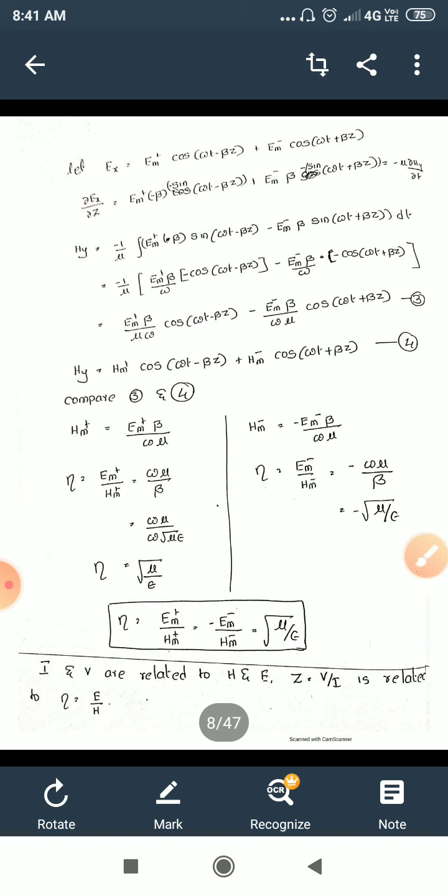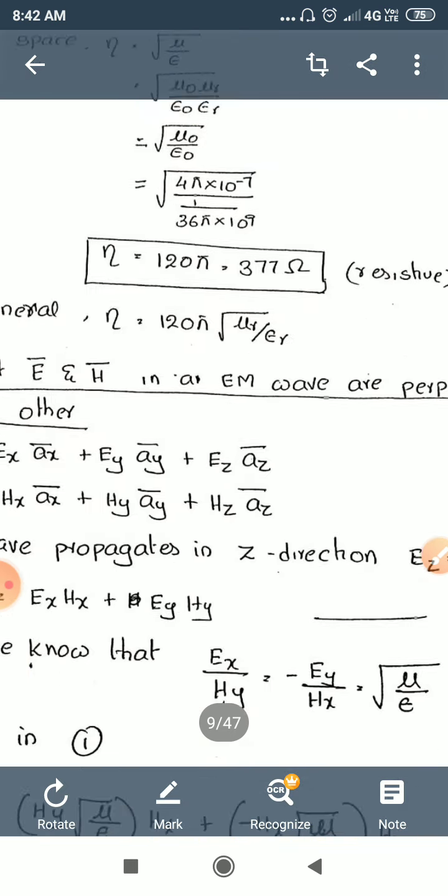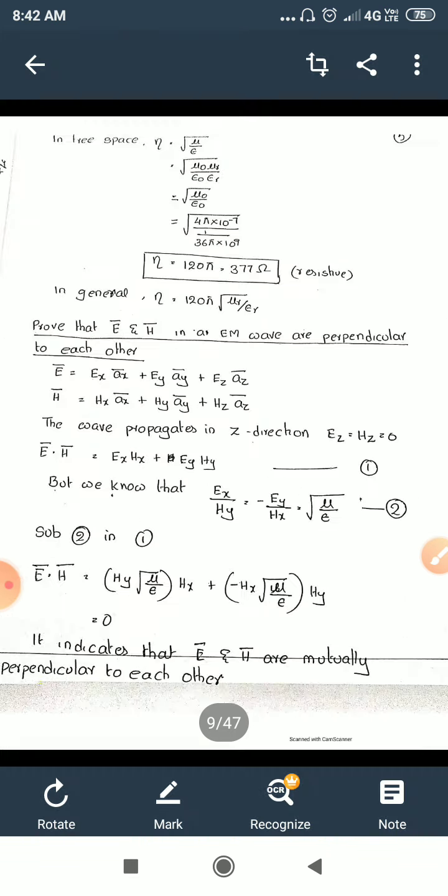So in free space, the E by H ratio is always equal to 120 pi, or 377 ohms, which is nothing but the intrinsic impedance or impedance of free space. Remember, this is a very, very important relation between E and H. In free space, eta equal to root of mu naught by epsilon naught, with mu r and epsilon r equal to 1, which finally is equal to 377 ohms.